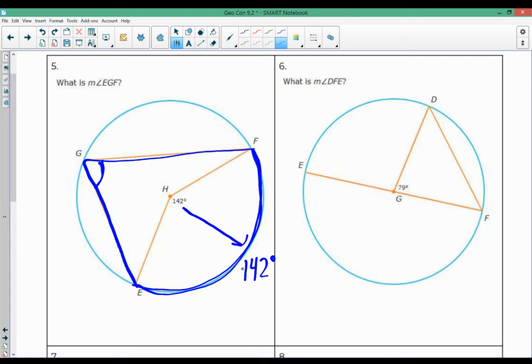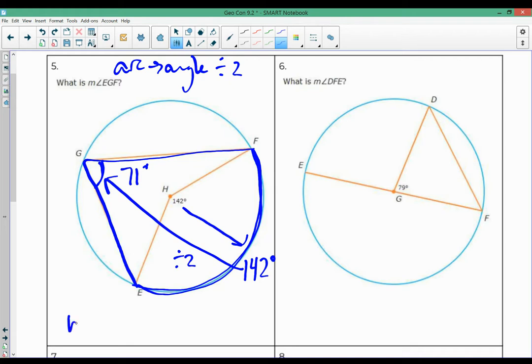But if you want to find that inscribed angle, so that's pinched inside, you have to divide by 2. You're going arc to angle. So I do 142 divided by 2, you get 71. So the measure of angle EGF is 71 degrees.